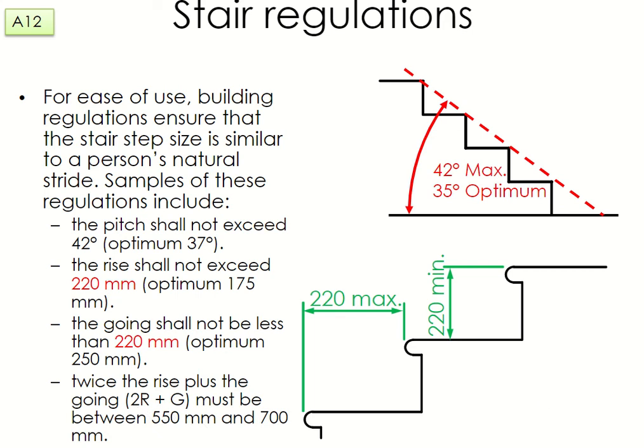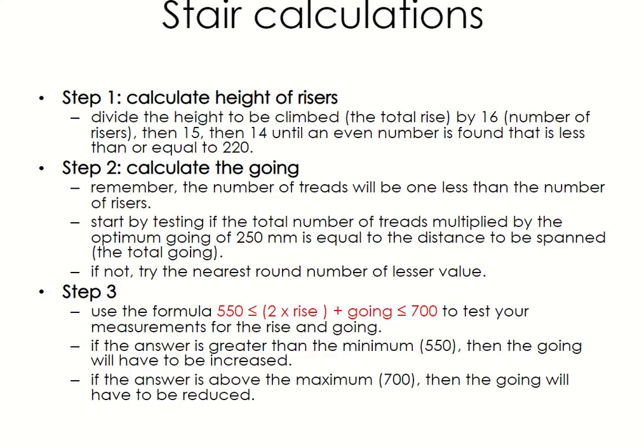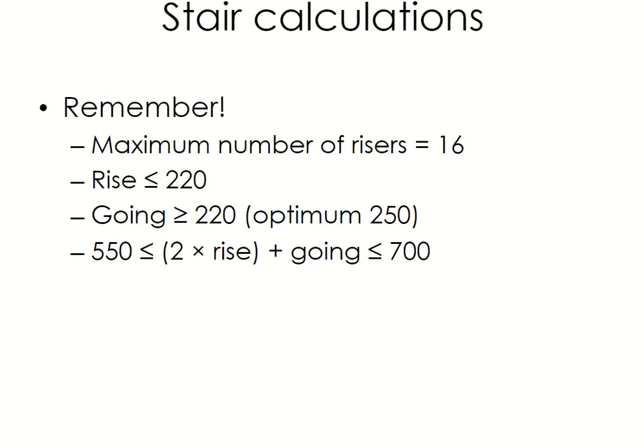So in that red box in your book there, guys, it's just the calculations that you need to remember if you're doing a stair calculation. Now there's a sample exercise on 19 and 20, so we may as well do them now. We have plenty of time.